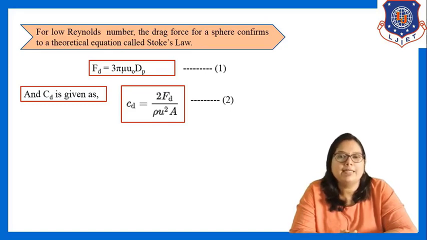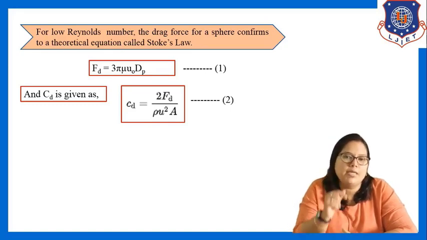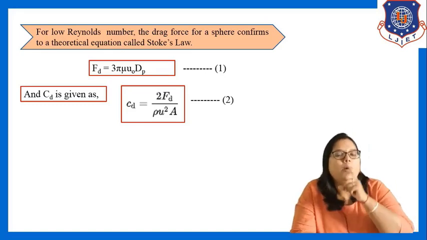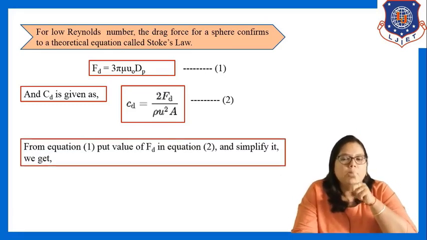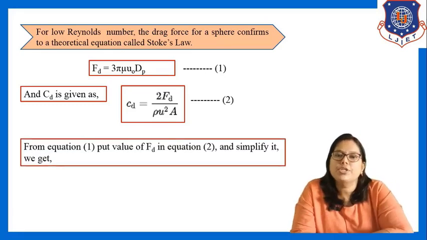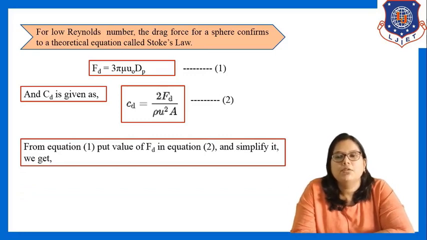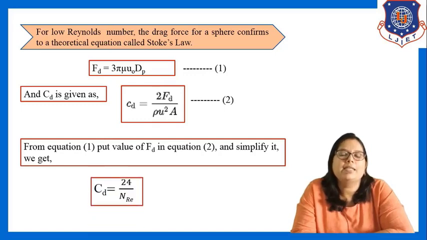How can we get it? See both the equations. From equation number 1, put the value of Fd in equation number 2 and simplify it. Then you get CD is equal to 24 by NRE.